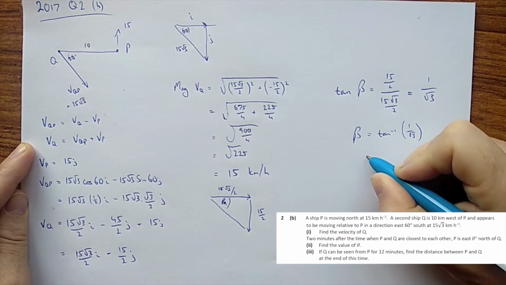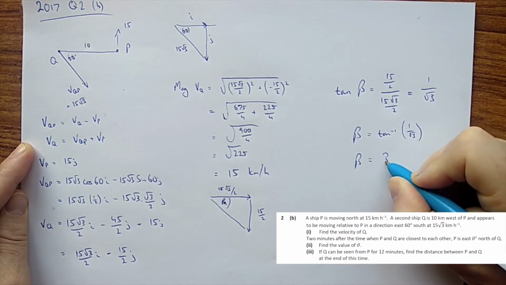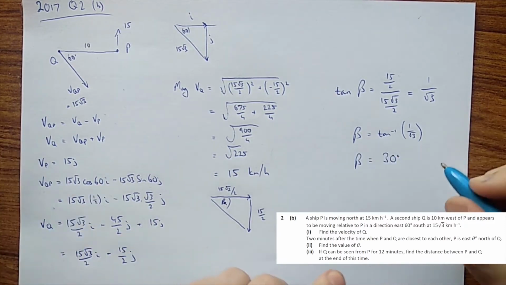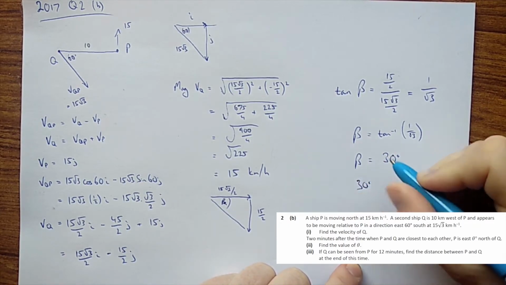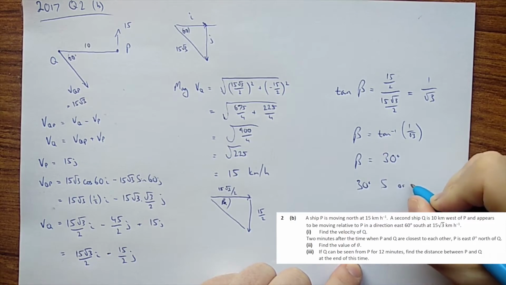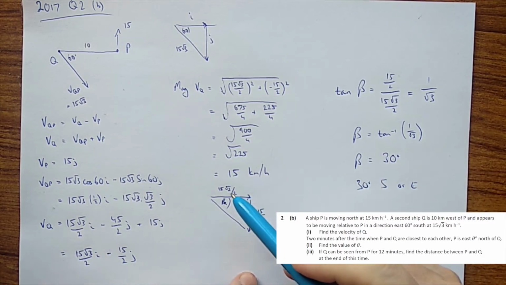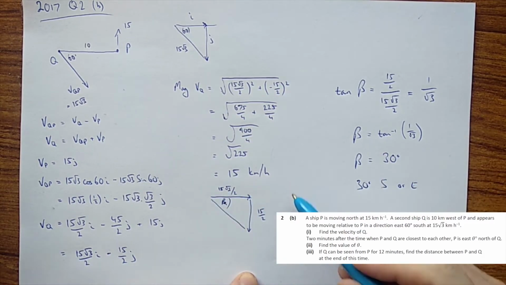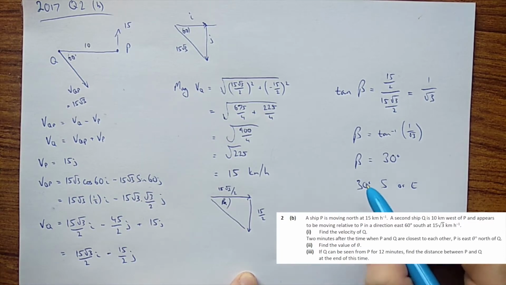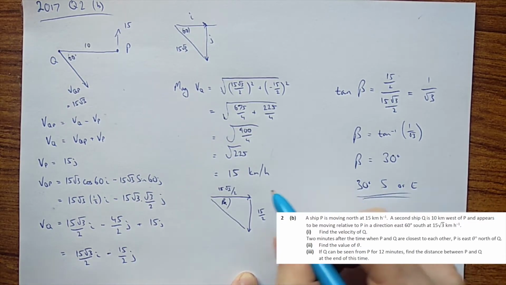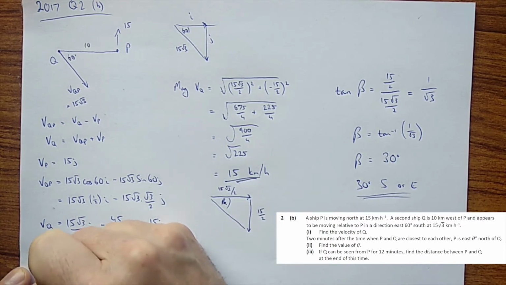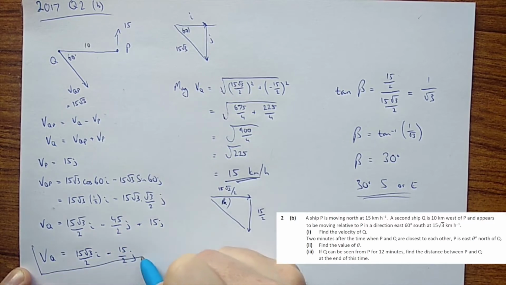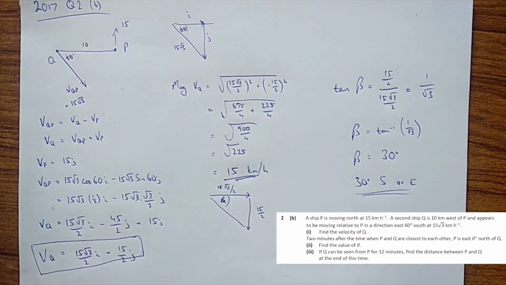And if we punch that in, you realize that beta is 30 degrees. Strictly speaking, it is 30 degrees south of east, because it's kind of going eastwards, but a little bit south. So there is our direction, there is our magnitude, and there it is, slightly sliced, as our i's and j's.